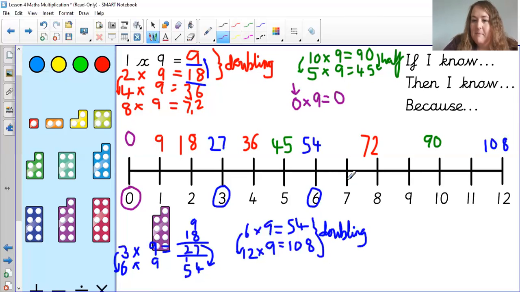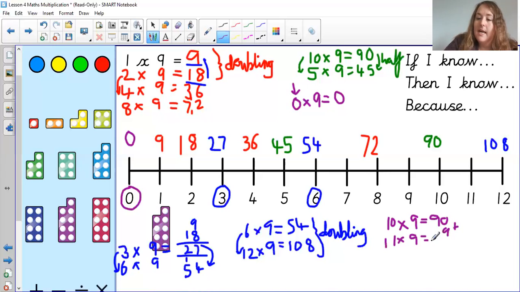Okay, my other ones, my 7, my 9 and my 11. So lots of you from the other day sent me messages saying that 11's quite easy. We could start with 11. So if I know 9, or sorry, I'm going to do that the other way. If I know 10 times 9 is 90, then I can work out 11 times 9 quite simply by adding another 9, 1 more group of 9 on the end.